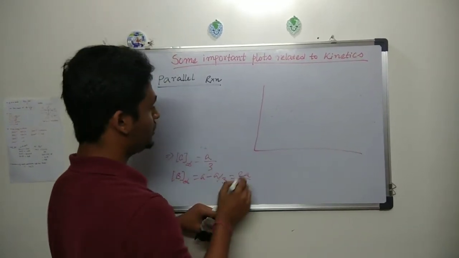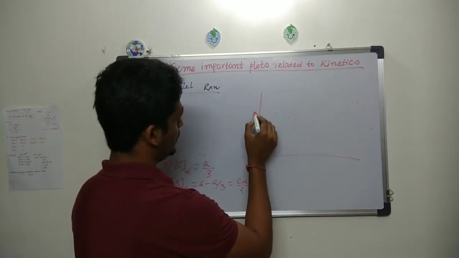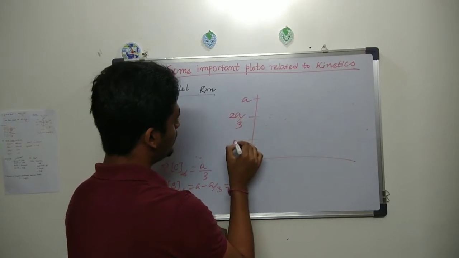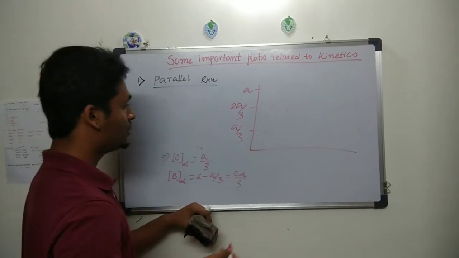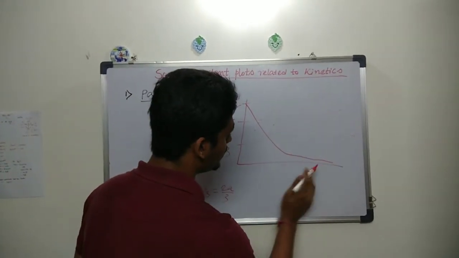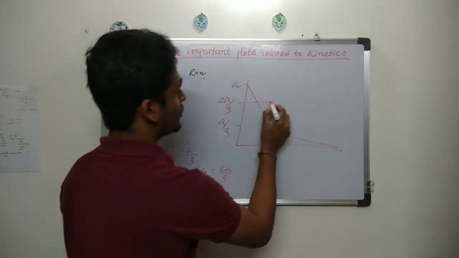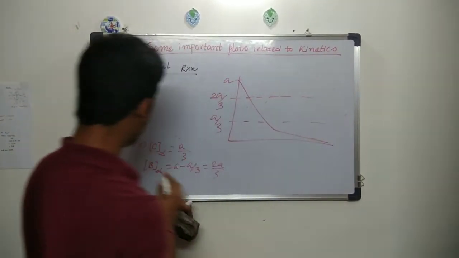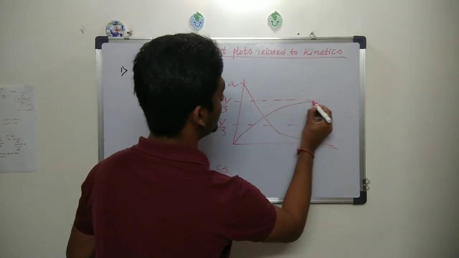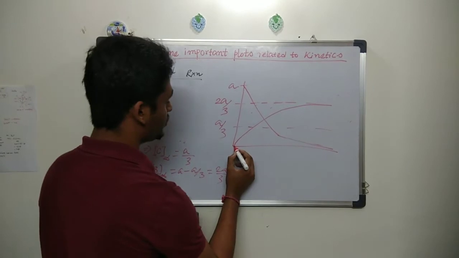So let's make the plot into 3 equal parts. If this is A, this is 2A by 3, this is A by 3. Now A will always be decomposing, and at infinity it will try to reach 0. Now this is my 2A by 3. What is the case of B? B will reach up to 2A by 3, so at infinity it is trying to reach this, and C is trying to reach A by 3.